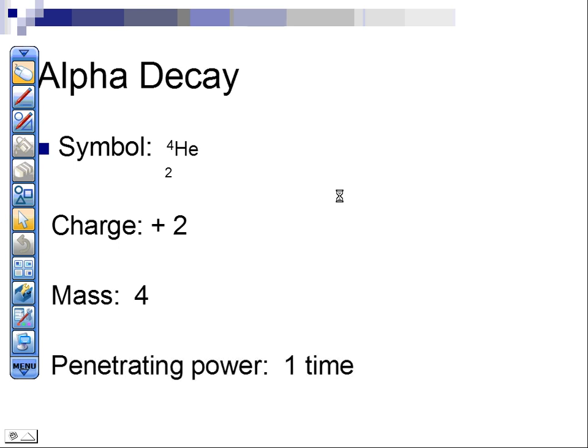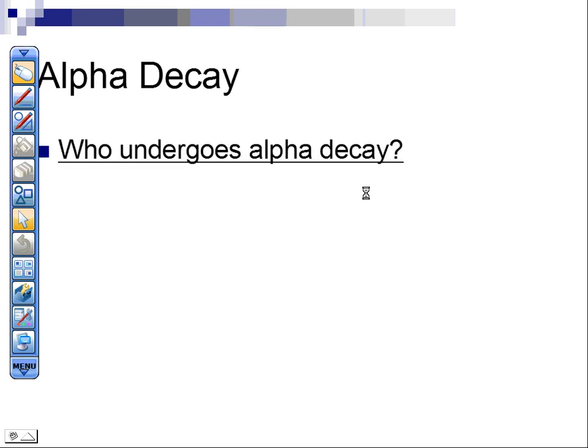Because it's such a large particle, you could block an alpha particle by just putting a piece of paper between you and it. The reason it undergoes alpha decay is that the atom has gotten too fat, and because protons are positive, when you get too many of them in the nucleus they start repelling one another, and they shoot off 2 protons and 2 neutrons in order to get back to the stability point.